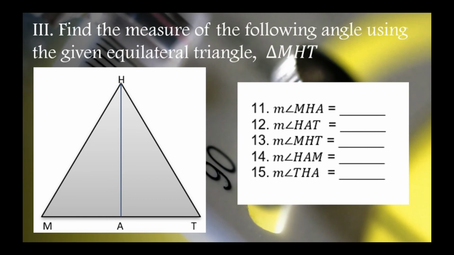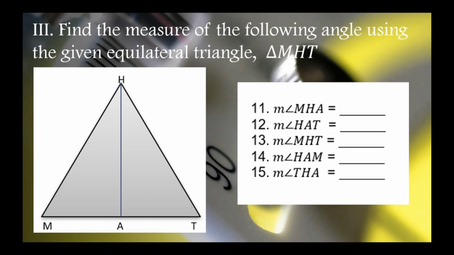Next, test 3. Find the measure of the following angles using the given equilateral triangle MHT. Again, this triangle MHT is an equilateral triangle. Number 11, what is the measure of angle MHA? Number 12, what is the measure of angle HAT?